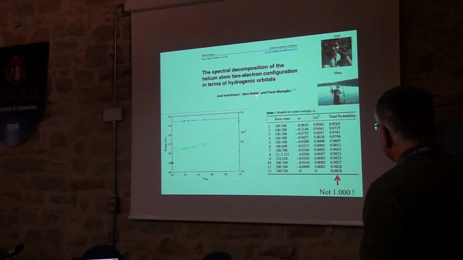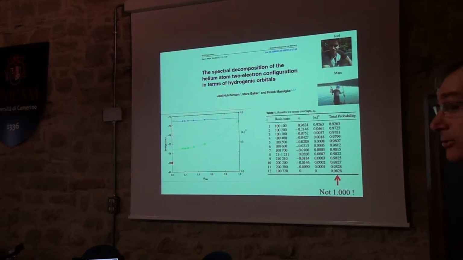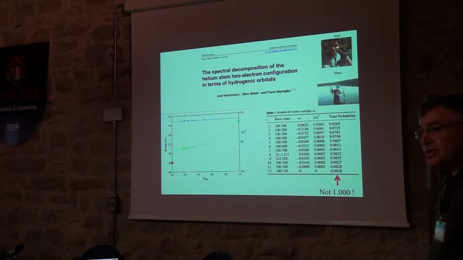This work originated with two undergraduate students, and it's driving home the point I just made about helium. This is a calculation, a spectral decomposition. It was an attempt at first to calculate the ground state energy for the two electrons in helium, which is known to be minus 79 electron volts, using ideas that undergraduates are familiar with, which are these product basis states.